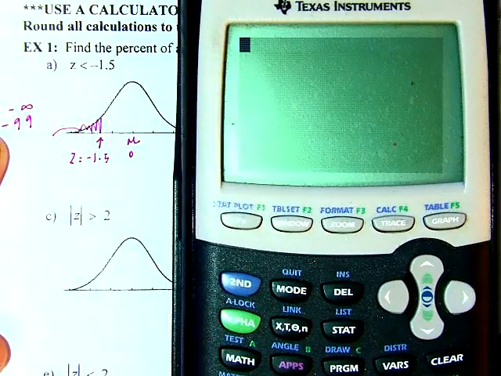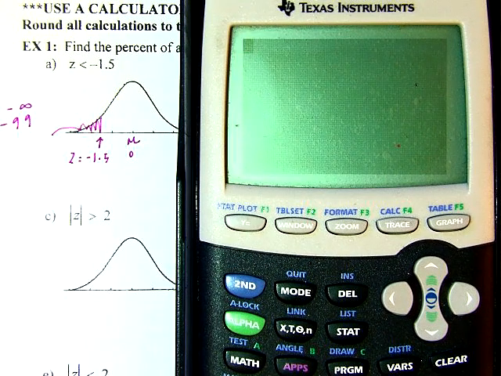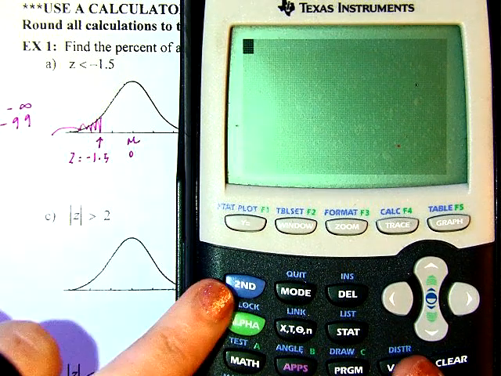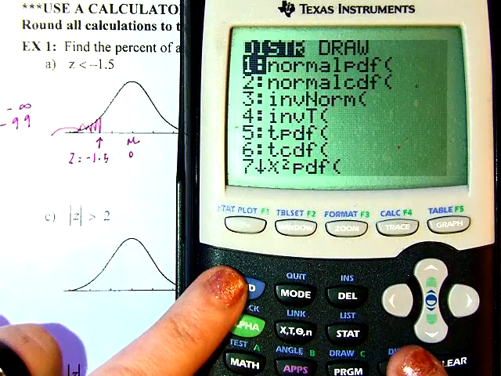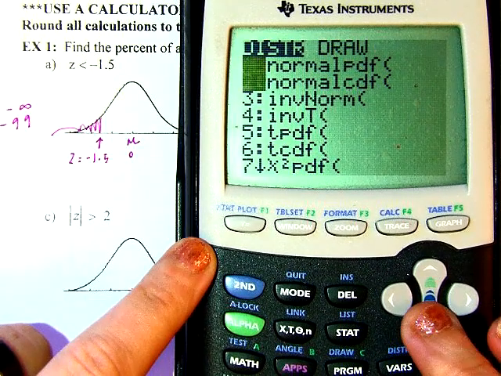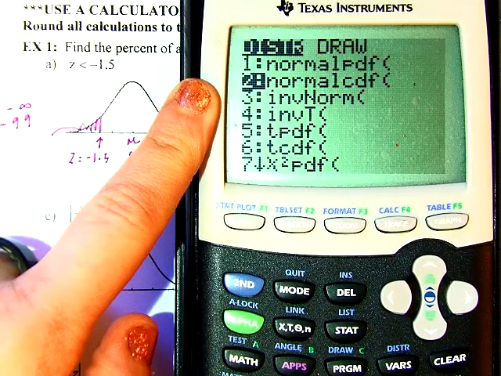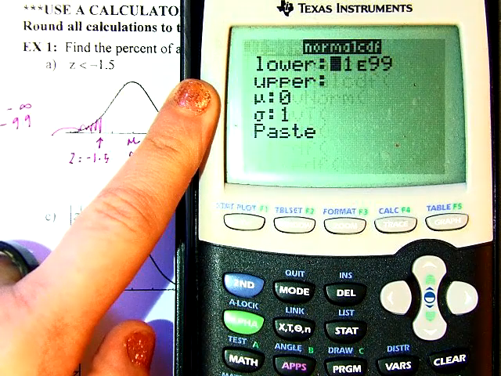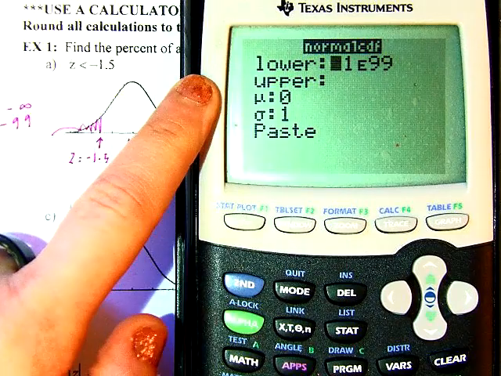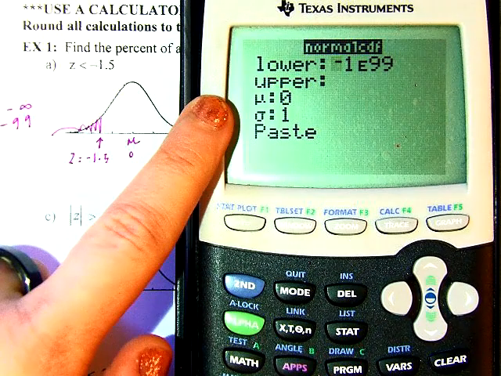Okay, so when I type this in, right, I'm going to do normal CDF, so I'm going back to my distribution, second VARS. Okay, I want normal CDF, it's my second choice. Right, PDF would be if we wanted to graph a normal curve. We're not doing that. So here's normal CDF. It's going to ask me for my boundaries, lower and upper.